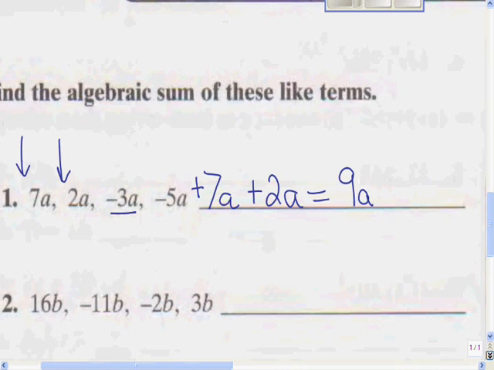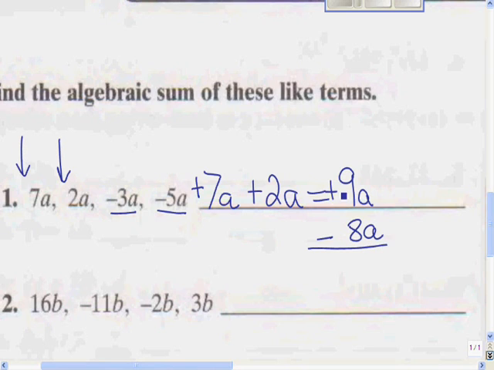Now we've got a negative 3a and a negative 5a. Even though they're both negative, the signs are the same, so what are we going to do? We're going to add, because when the signs are the same, we add. So negative 3a and a negative 5a gives us a negative 8a.